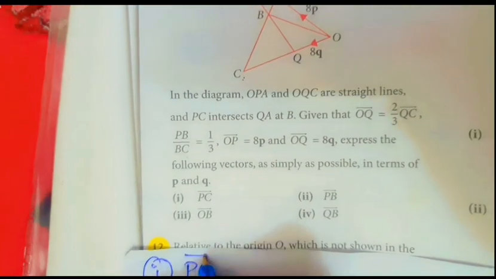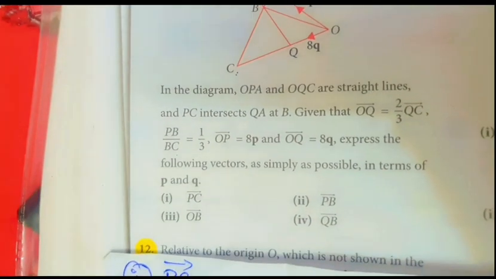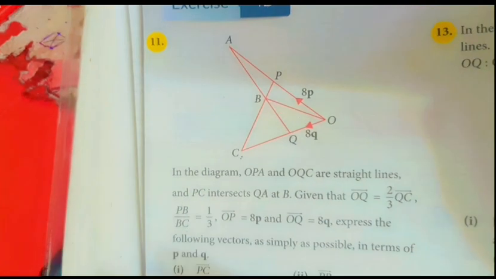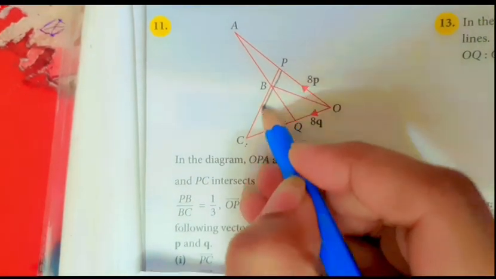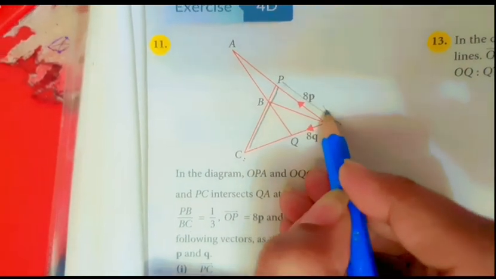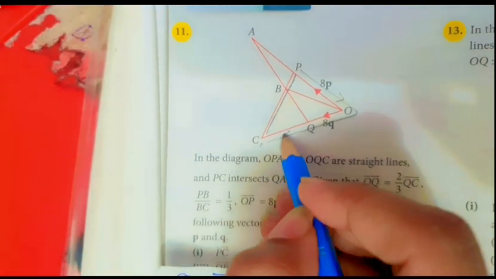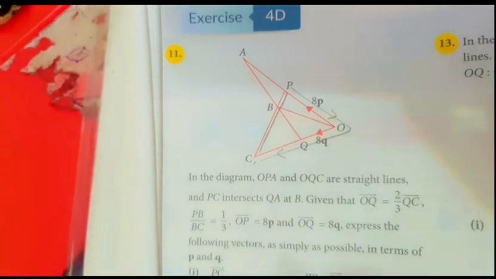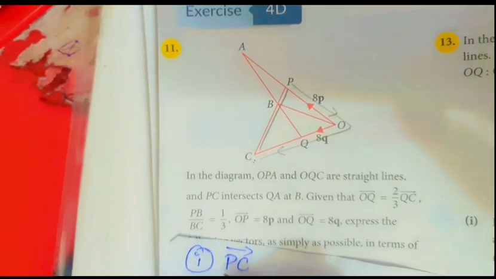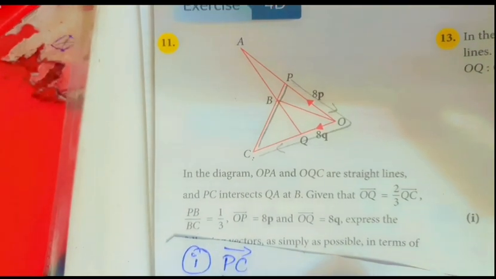Now see what is the first part. They are asking what is PC. Now see the diagram over here. Where is PC? This is PC. And how can we move? We have to move from P to Q, then Q to C. So PC is equal to PO.